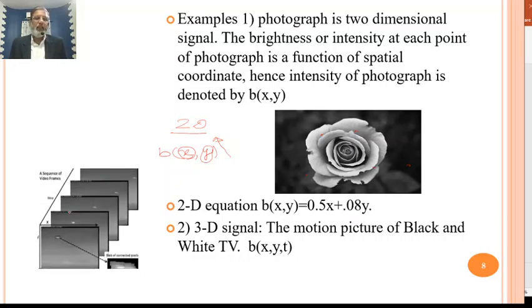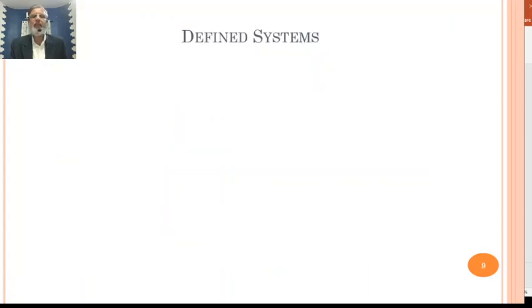Now this is the picture, and the picture is a function of two spatial coordinates x and y, and this motion picture is a sequence of these pictures, and that sequence of pictures is a function of time. Means this is a function of x, y, and t, three independent variables. Hence this signal is called a three-dimensional signal.